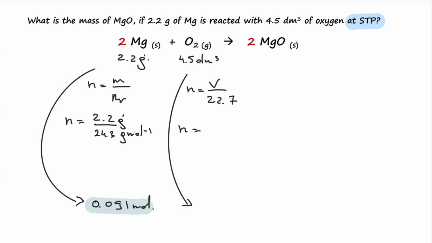So mole equal to the volume of oxygen 4.5 decimeter cube divided by gas constant 22.7 decimeter cube divided by mole. Okay, so here guys you will get using the calculator 0.198 mole.